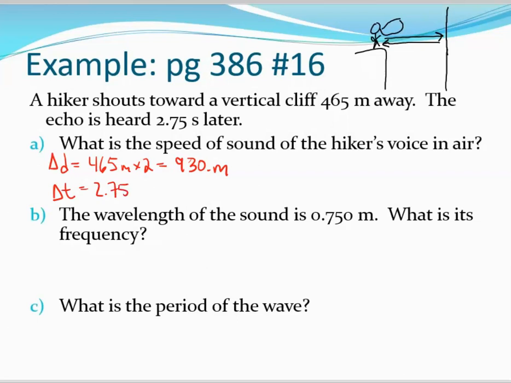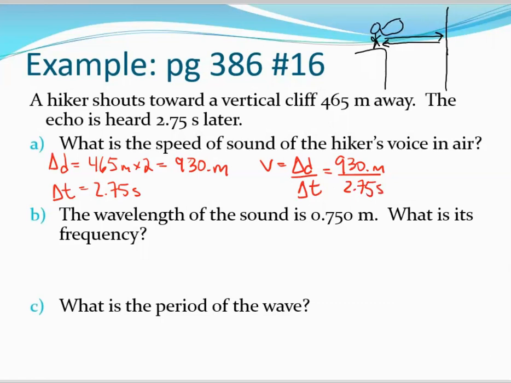So then I can calculate the speed of sound, it's just going to be distance over time. It is a constant speed. We just need to know what it is. So I've got 930 over my 2.75 seconds.